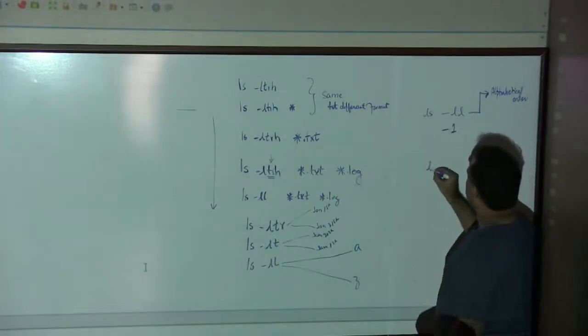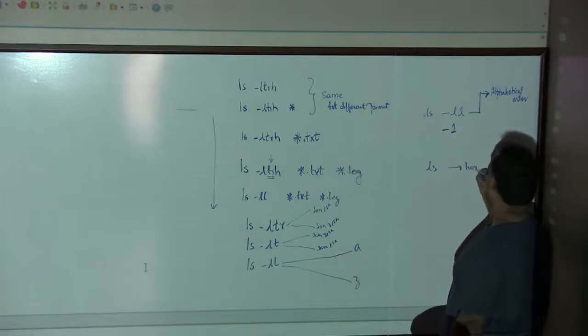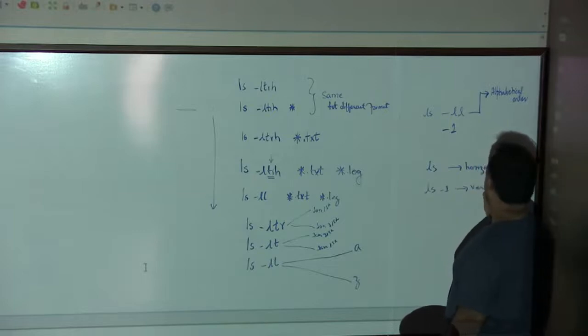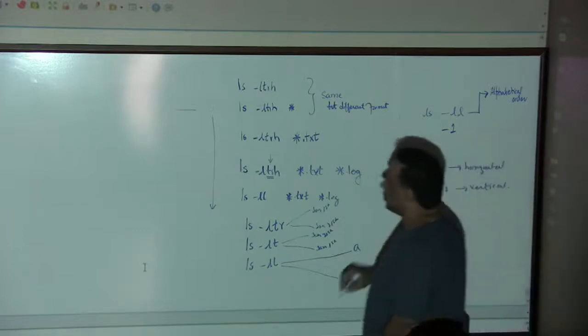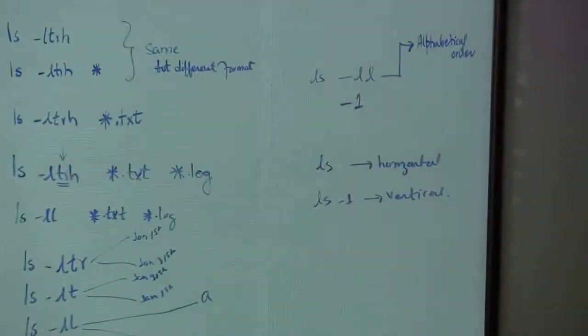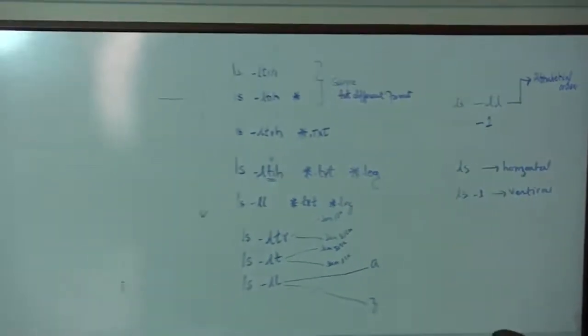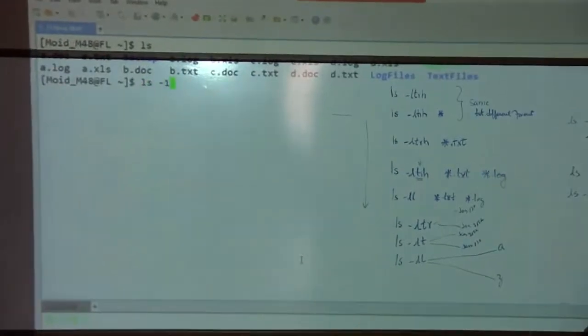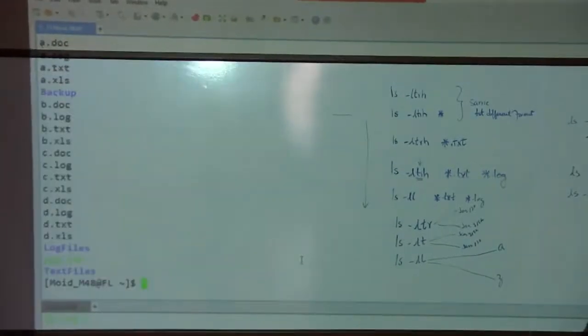By default, if you type in ls, it is horizontal, right? If I type ls -1, it is vertical. So let's try both of these now. If I try ls, it is horizontal output. If I try ls -1, it is vertical output.